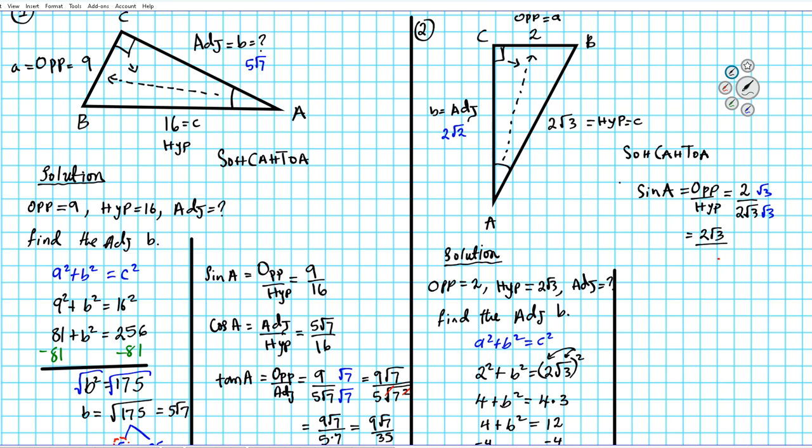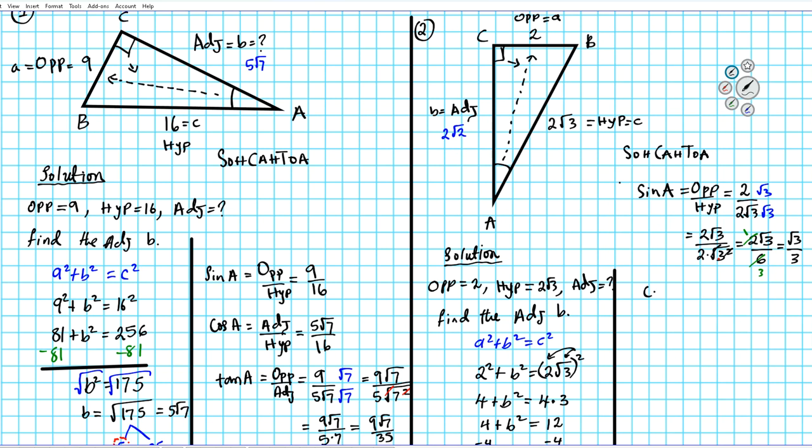And then on the bottom, you're going to have 2 times root 3 times root 3, or root 3 squared, or root 9. The square and the square root cancel out again. So you're going to have 2 root 3 over 6. Now you notice that 2 goes into 6 3 times. So 2 goes here 1, 2 goes here 3. So it's going to be root 3 over 3. That's your sine.